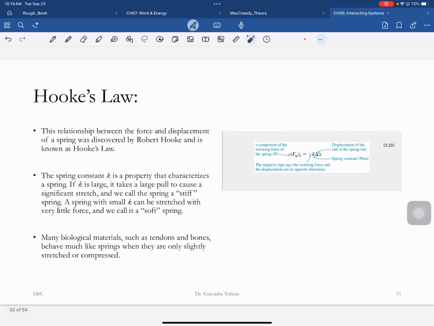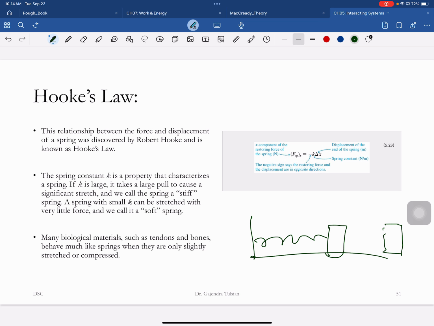Okay, so here's Hooke's law. Here's the spring, here's the unstretched position, and if I stretch it there, the force that the spring applies is minus Kx. Okay. This is x. The minus sign is just telling you when x is positive, the force is in the negative direction, and when x is negative, the force will be in the positive direction.